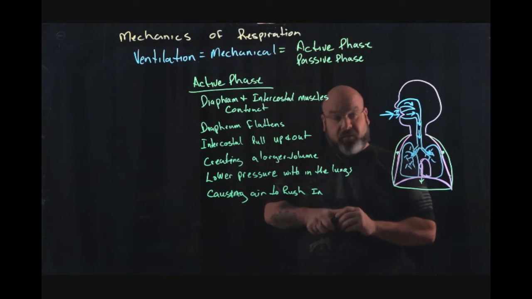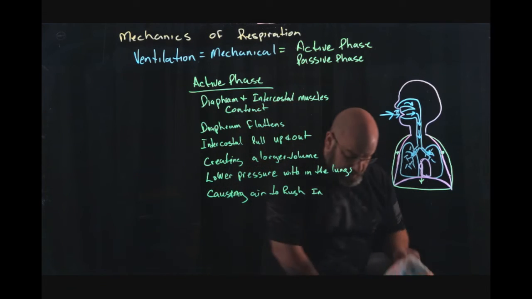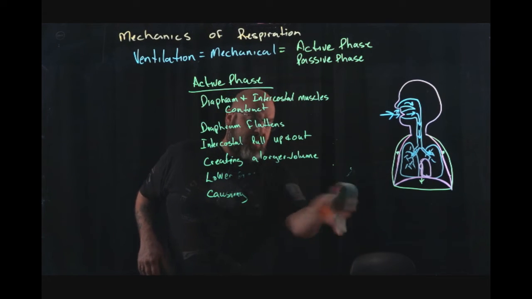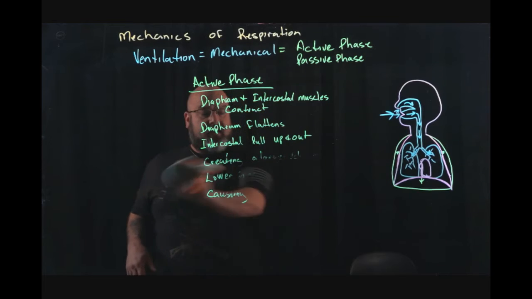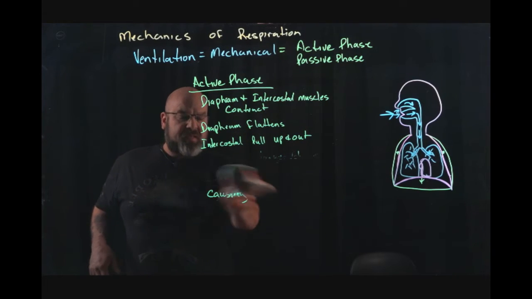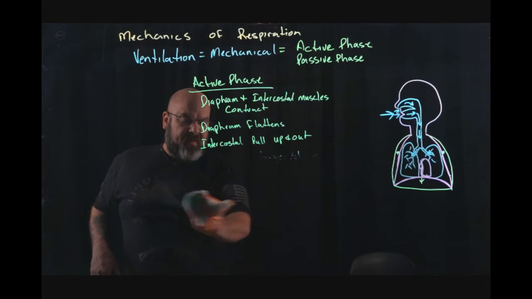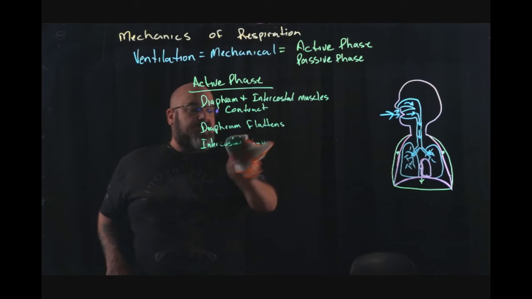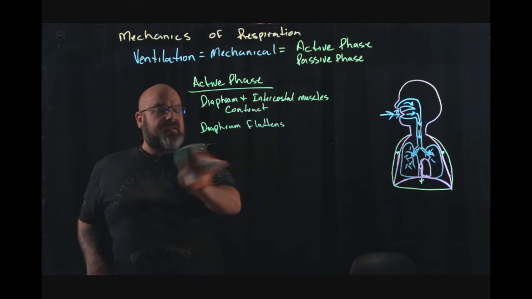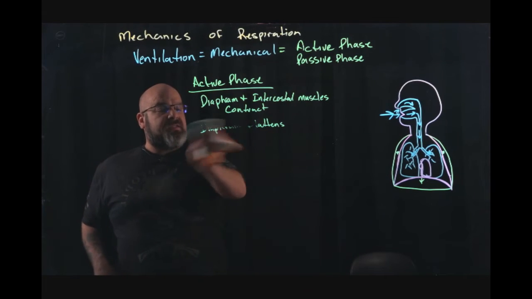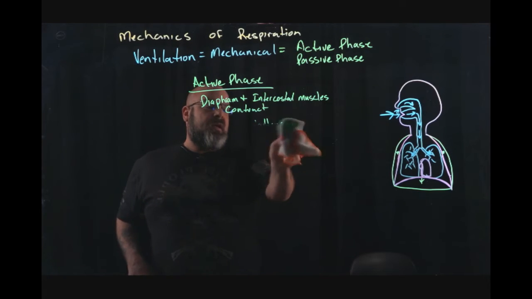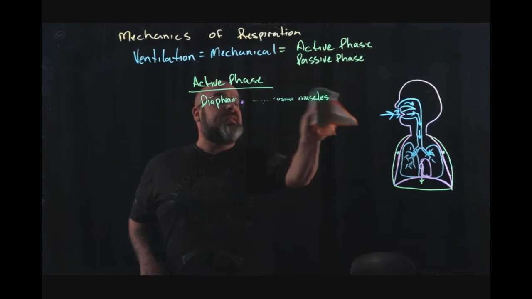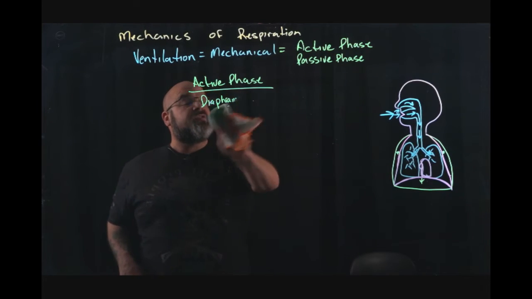So that's all well and good. We take all that and we take our big breath in. And if you think about it, we do this without thinking. We ventilate without even thinking about it on an everyday basis. We do it 10 to 12 times a minute at rest, faster when we're under stress or working out or in times of need where the body has an increased oxygen demand.